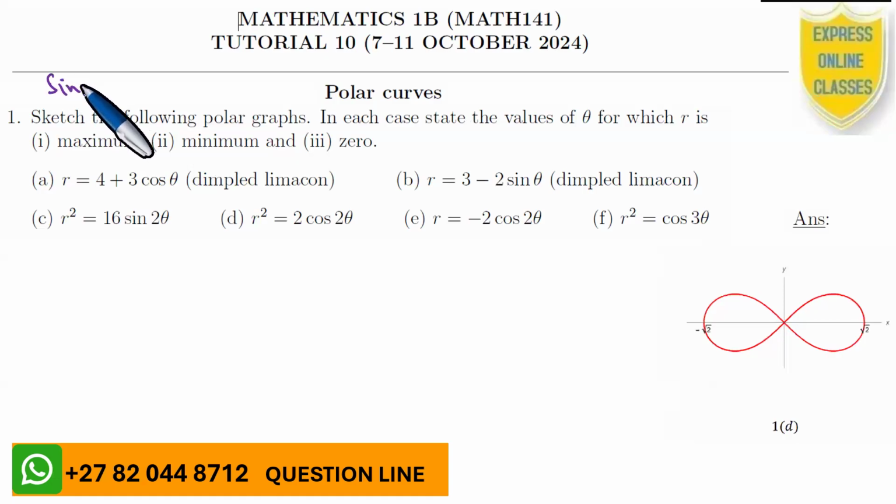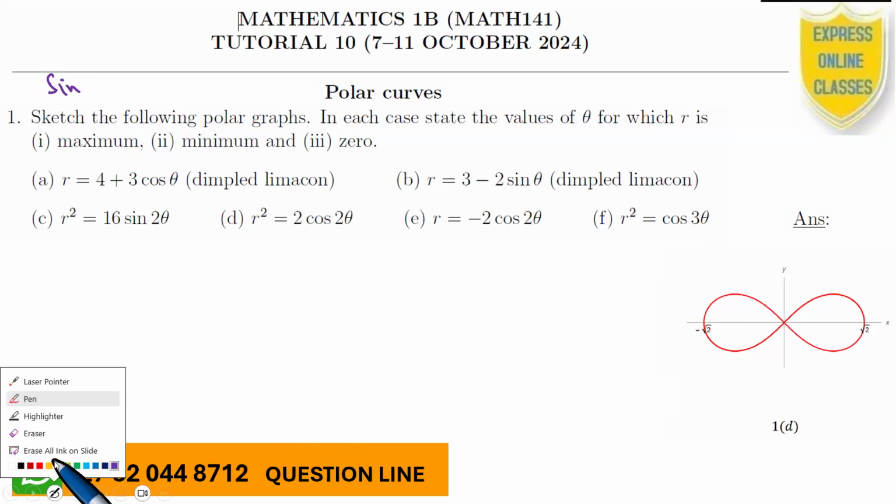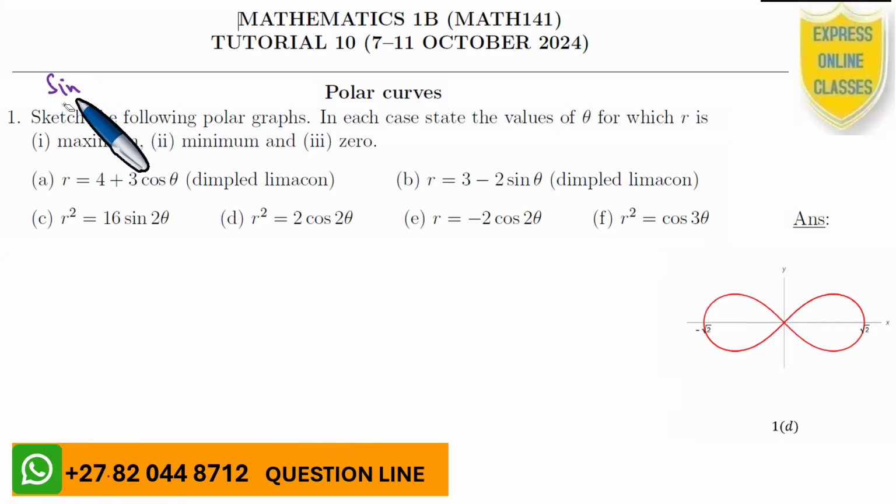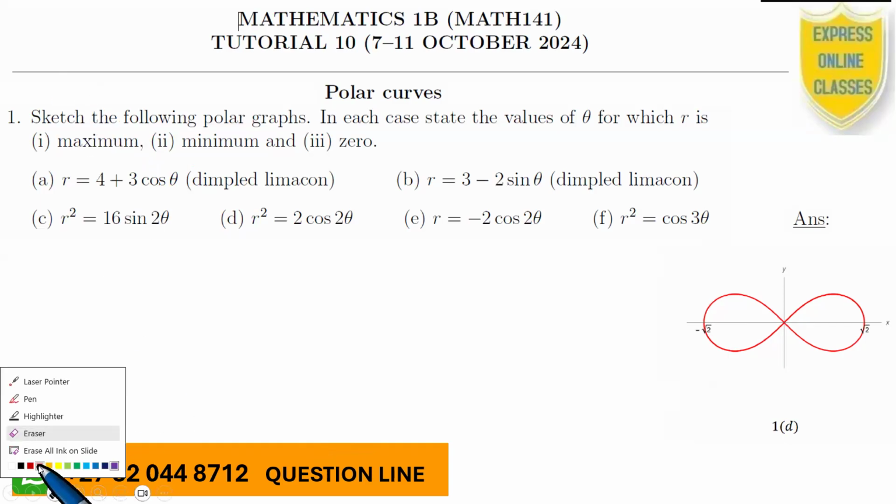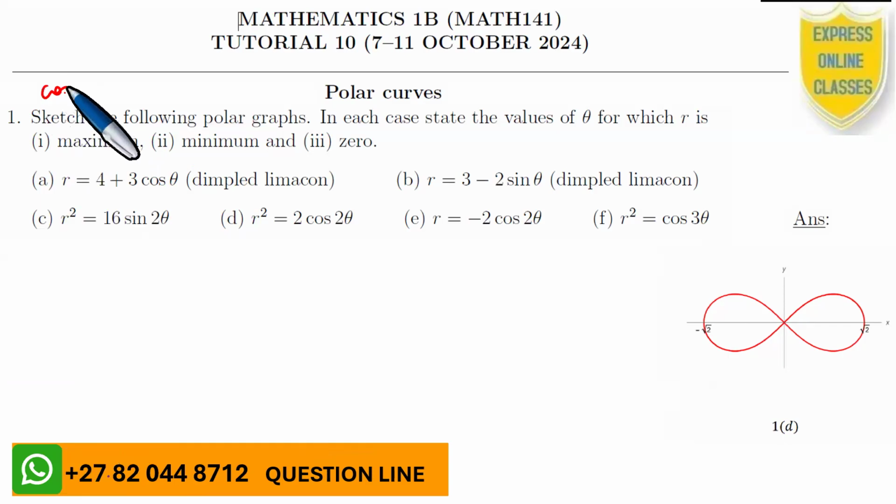D is a cosine. Just pick the trigonometric function. Like you'll pick the cosine 2 theta, it must be 1. That is the maximum. All of them have a maximum of 1, minimum minus 1.